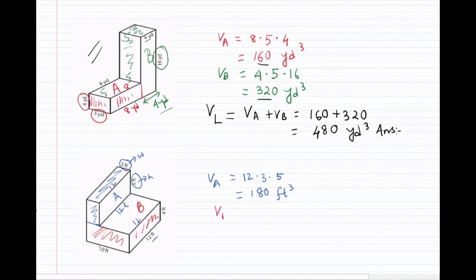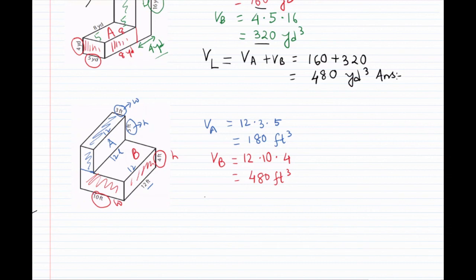Therefore, to calculate the volume of prism B, the L value is going to be 12, times width is going to be 10, times height is going to be 4, giving us a value: 12 times 10 is 120, 120 times 4 is 480 feet cube.